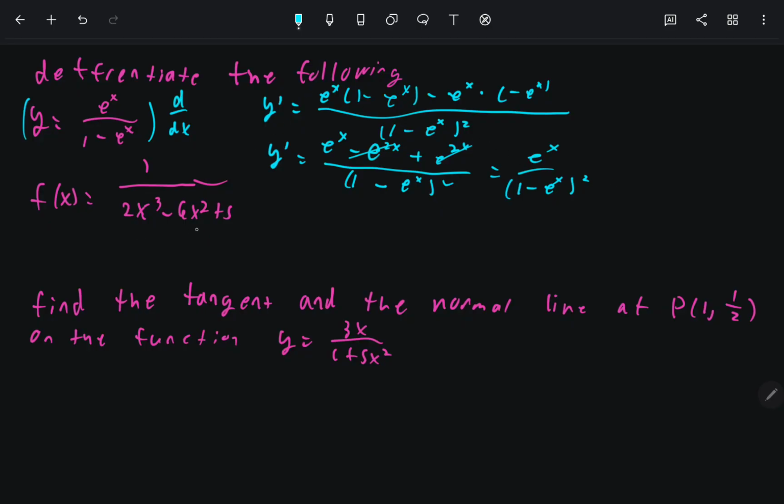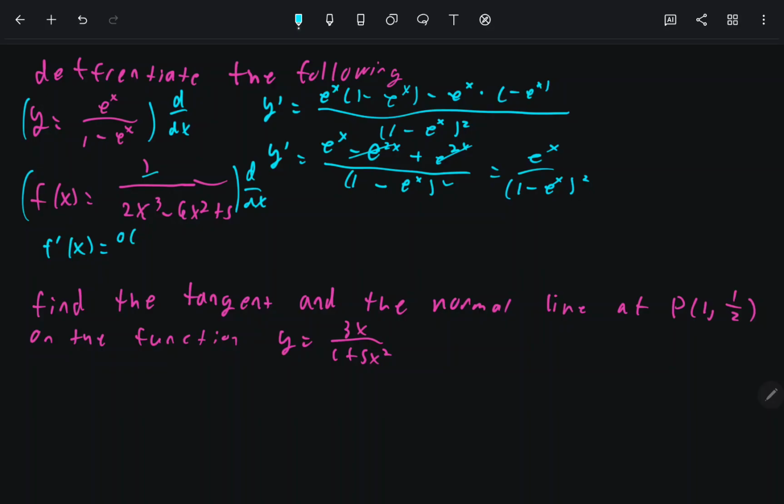Now, let's work on this next function. So we are going to take the derivative of this with respect to x. Well, we will get f prime of x is equal to, well, the derivative of the first function, this u, is 0.